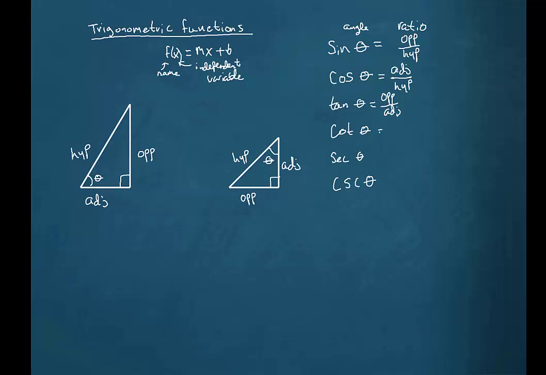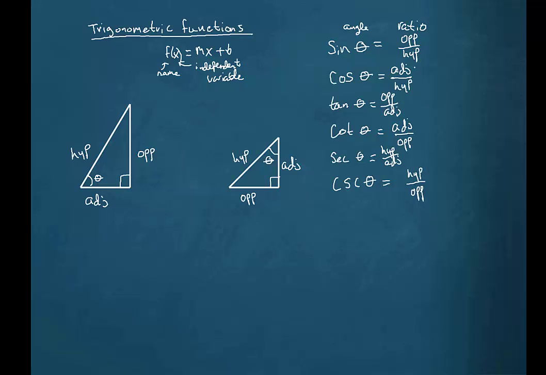The cotangent function is defined as the adjacent side divided by the opposite side. The secant is the hypotenuse over the adjacent, and the cosecant is the hypotenuse over the opposite side.